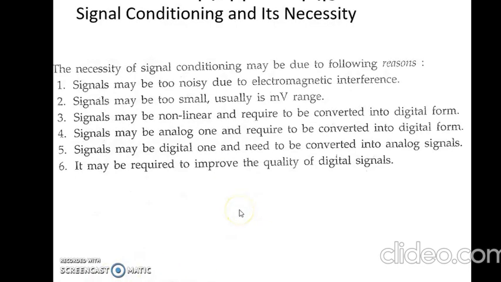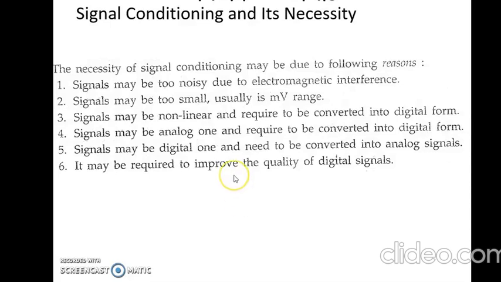Now let us define signal conditioning. Signal conditioning may be defined as the process of modifying the output signals from the transducer into a usable and satisfactory signal using amplification, attenuation, non-linearization, linearization, or multiplication by another function.